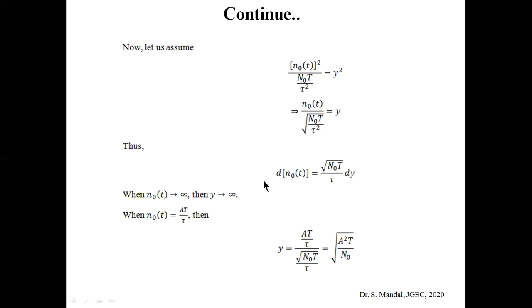Thus dn_0(t) equals root over N_0 T by tau into dy. Now to change the limits: whenever n_0(t) tends to infinity, y will tend to infinity, and whenever n_0(t) equals AT by tau, the value of y will be root over A square T by N_0.